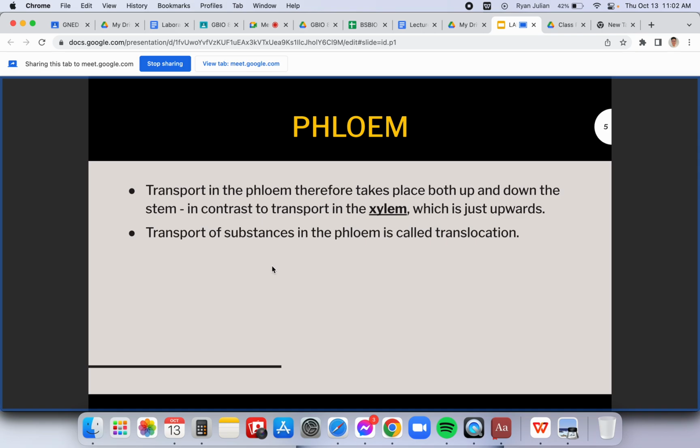Lastly, I would like to mention that the transport of substances in the phloem is what we call translocation. Hence, as the name implies, location, it has the ability to transport or move plant molecules from one organ to other parts of the plant, including the stem, the leaves, the bulbs, the root tip, or even the flowering portion of a particular plant.